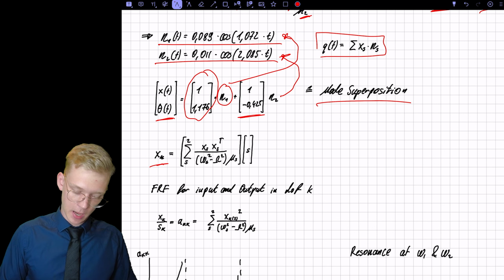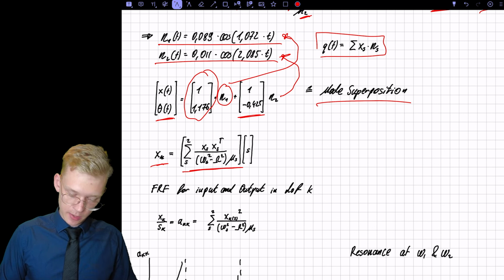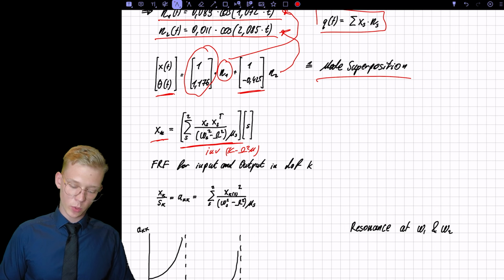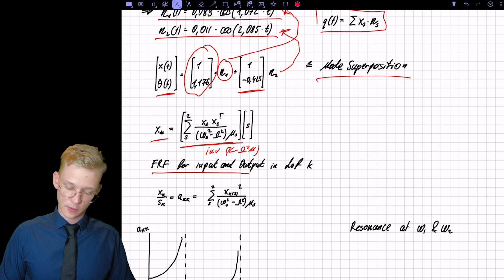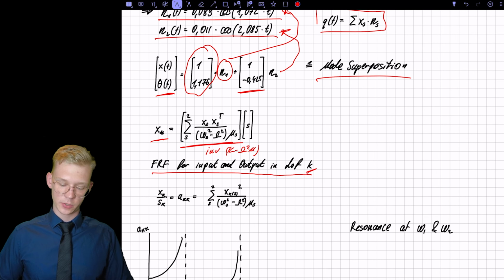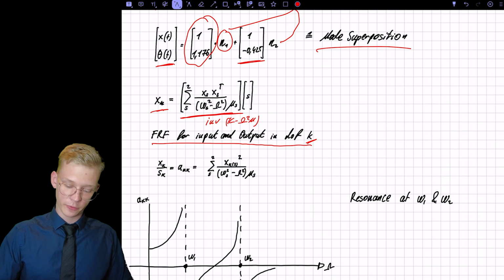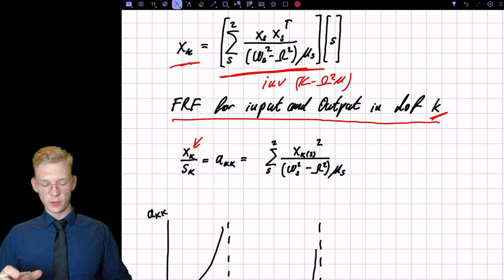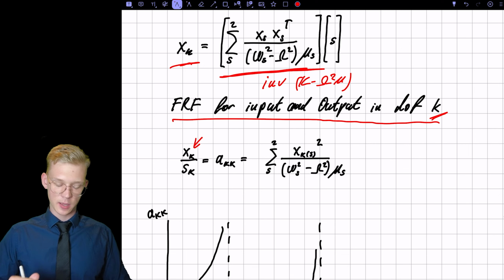But now we also want to talk about the frequency response function. So we have again our x, and this is our inverted K minus omega squared M matrix. Now we want to look at the frequency response for input and output of degree of freedom k. So we have x_k. Now it's very difficult to not confuse k and s.